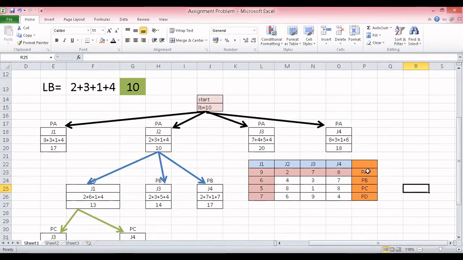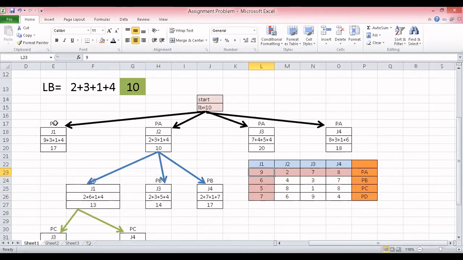Person A row and the job 1 column I have highlighted. The intersecting row and column, that is this one. When person A is assigned job 1, what is the cost being demanded? That is 9. So I have taken the first value.